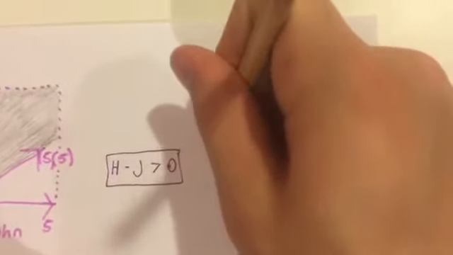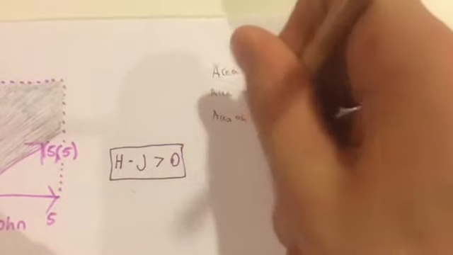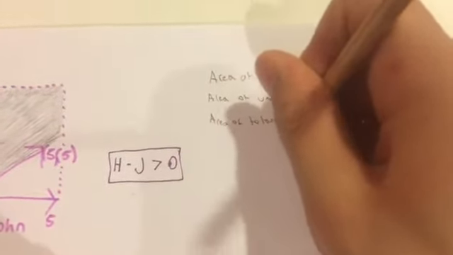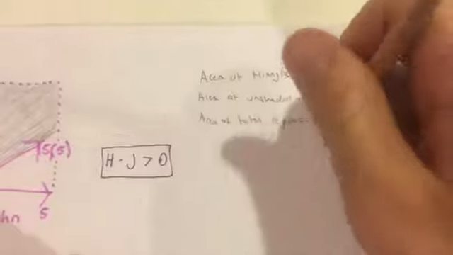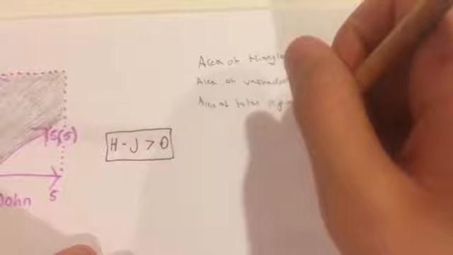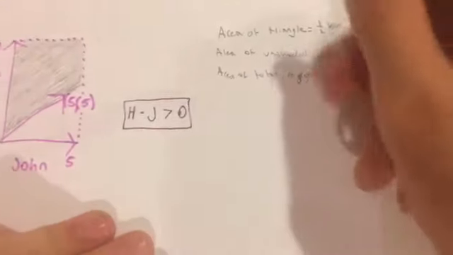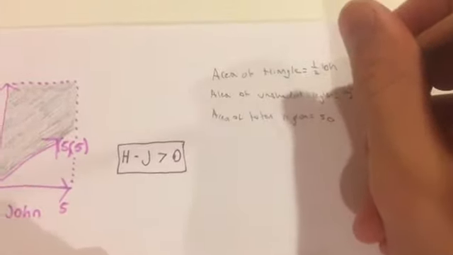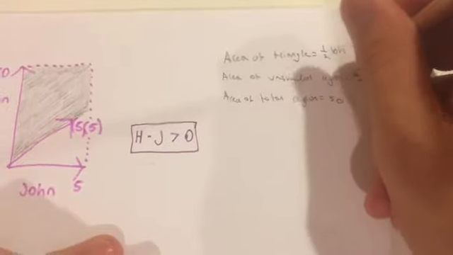Now the area of the total region is 50. The base is 5, the height is 10, and 5 times 10 is 50. Now the area of the shaded region, we have to do 50 minus the area of the unshaded region, 25 over 2.